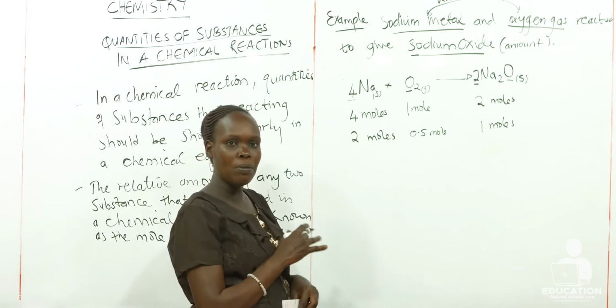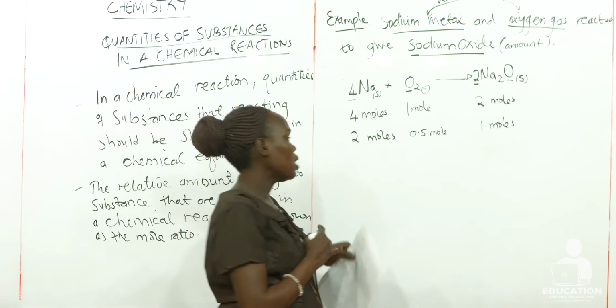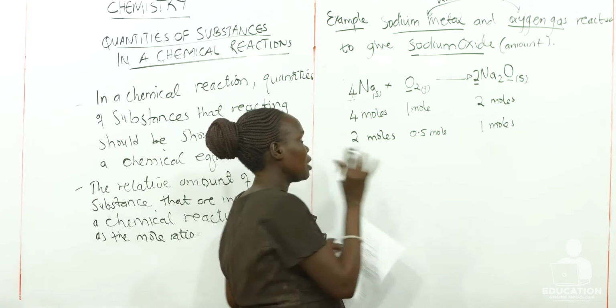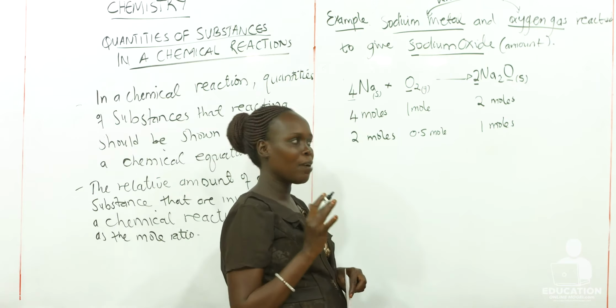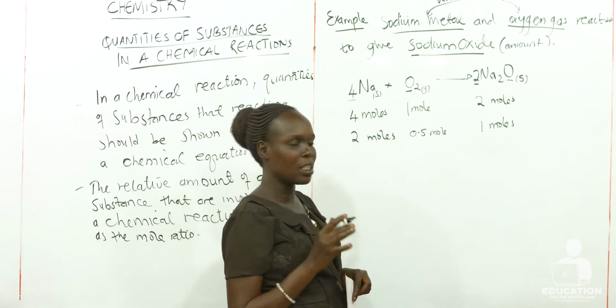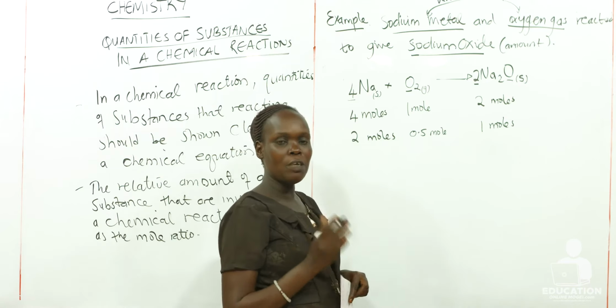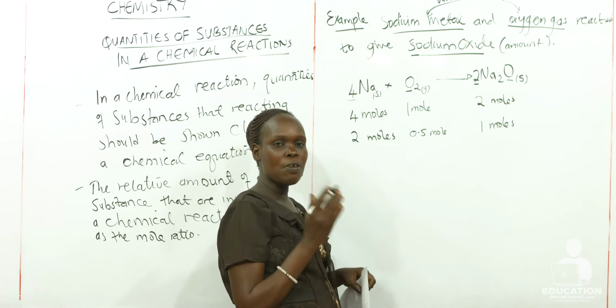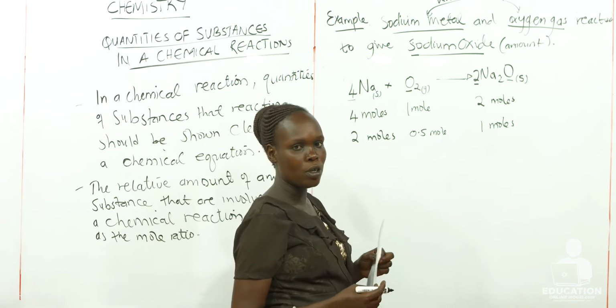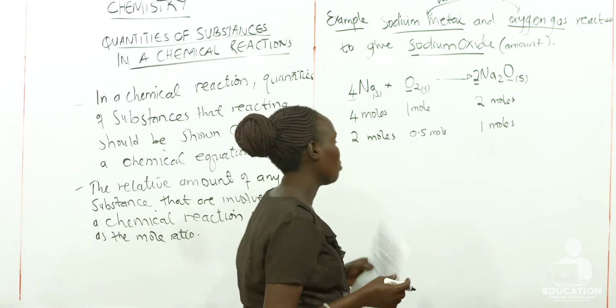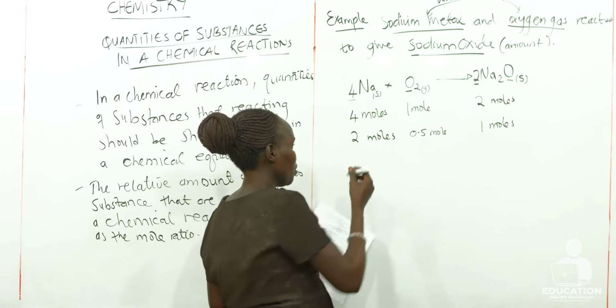Again, if you change the moles of sodium, there are various amounts of substances that are reacting, as I said before, in a chemical reaction. It means you can alter the number of moles, and then you adjust the moles of the other substances on both sides of the chemical reaction.